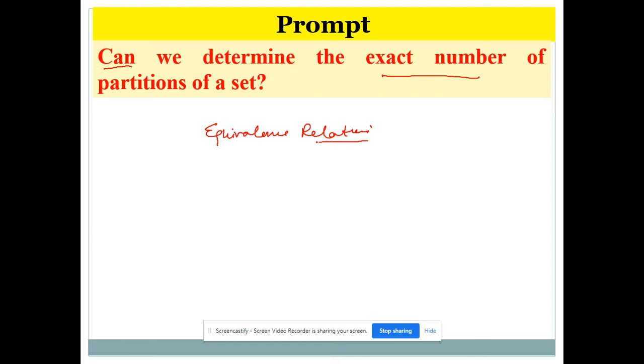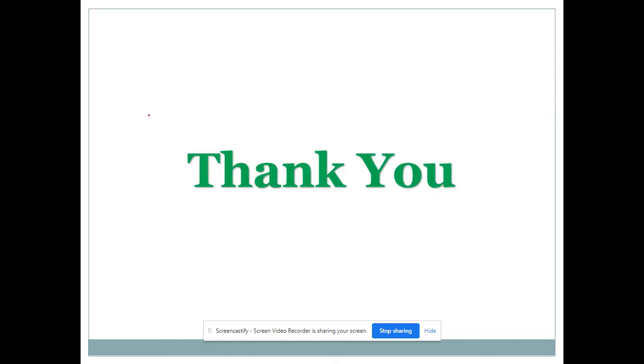So this concept of equivalence relation on a set is related to the computation of the exact number of partitions of a finite set. So we'll see it in the next lecture. Thank you.